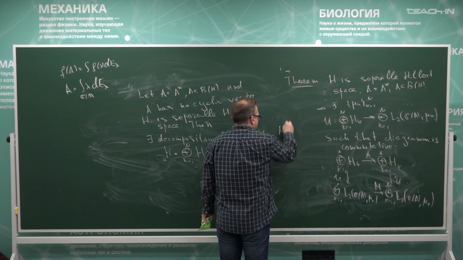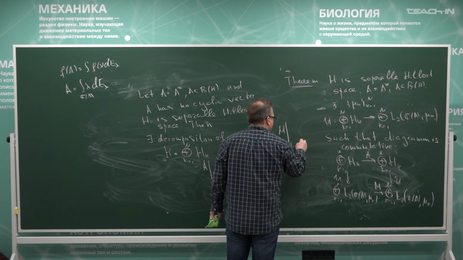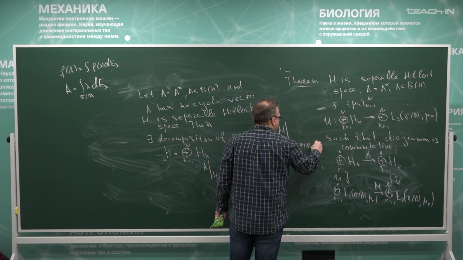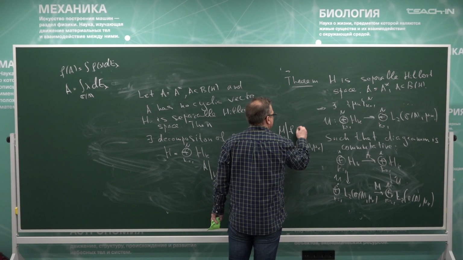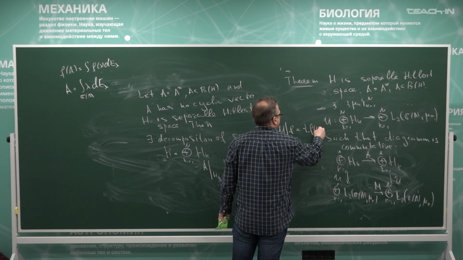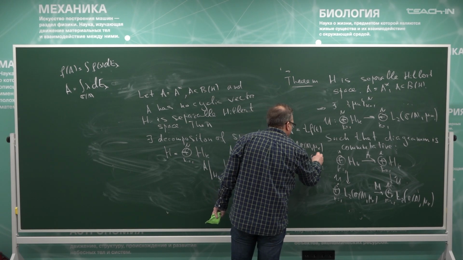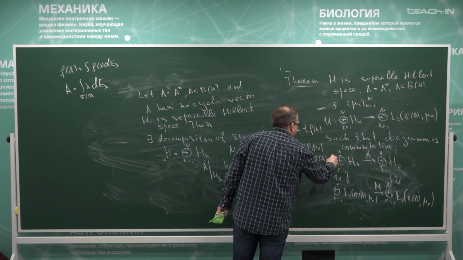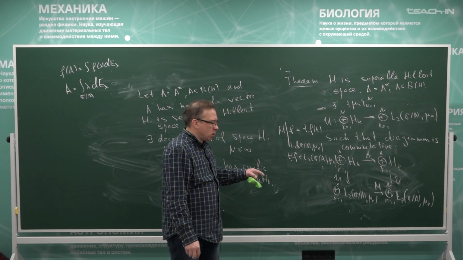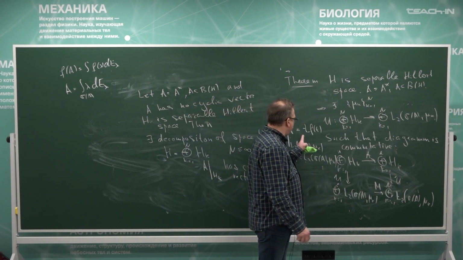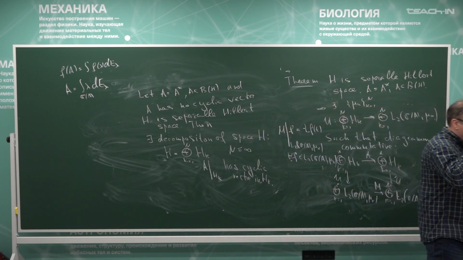M, if reduced on some L2 on the spectrum with measure mu k, acts as M f of t equals t f of t for any function f belonging to the space L2 on the spectrum with this measure. So on each term, it is again the operator of multiplication by the independent variable.